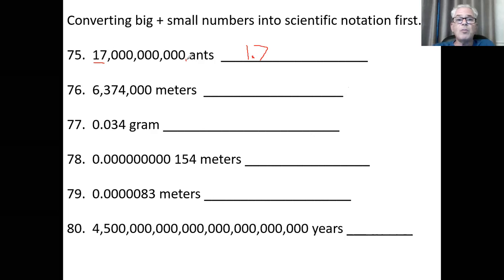Now the decimal point is over here, but it needs to go between the 1 and the 7. It has to go 3, 6, 9, 10 places. So in order to make 17 billion into 1.7 times 10 to the, it would be 10 because the decimal place moved 10 places. 3, 6, 9, 10.